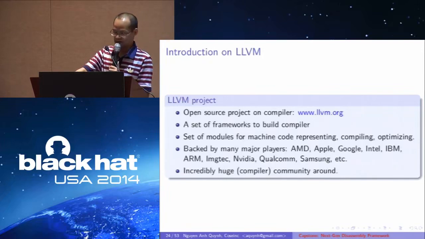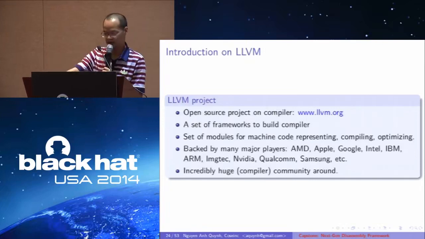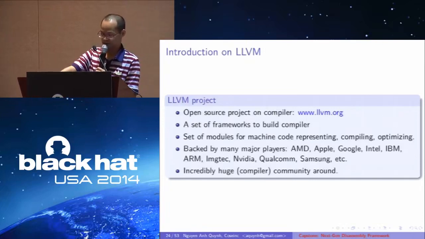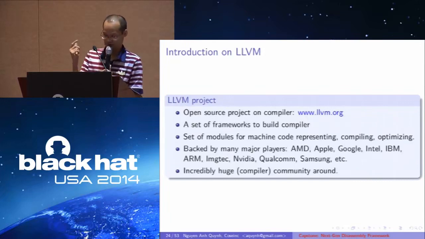And one thing that is very, very good about this project is that LLVM is backed by many major companies in industry, by AMD, Apple, Google, Intel, IBM, ARM, Imagination Tech, which is the creator of MIPS architectures, NVIDIA, Qualcomm, Samsung, and so on. And LLVM has an incredibly huge community around it. So everything about LLVM is very nice.